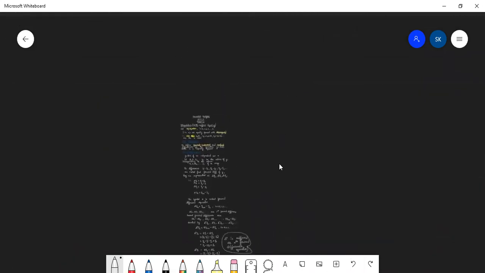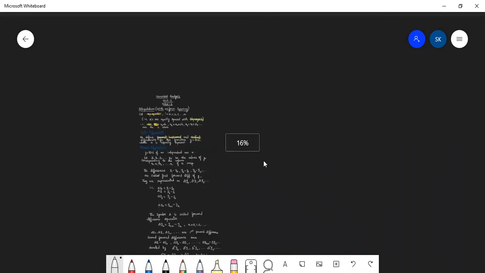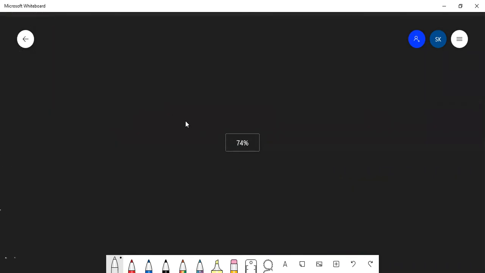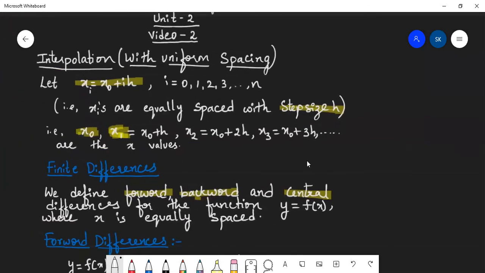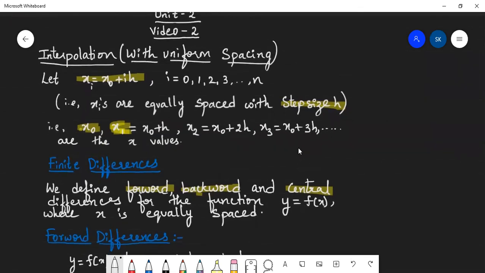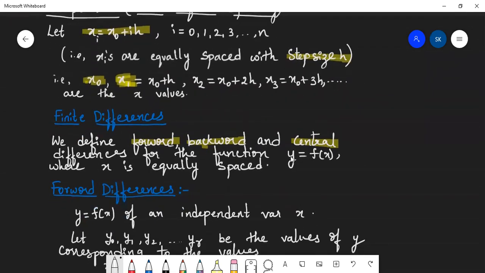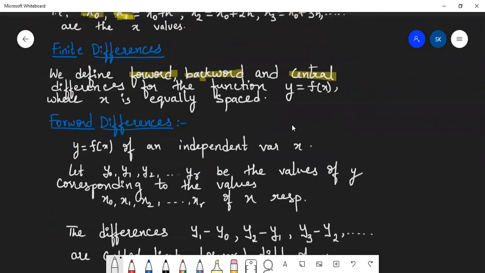What we have done: we have taken an equally spaced independent variable, that is, x values are equally spaced. We have three finite differences basically: forward, backward and central.